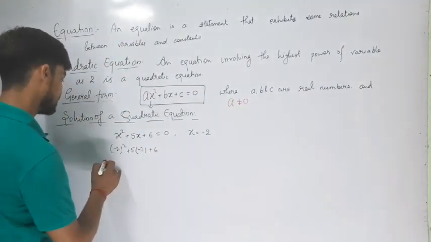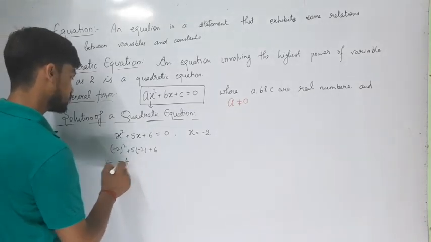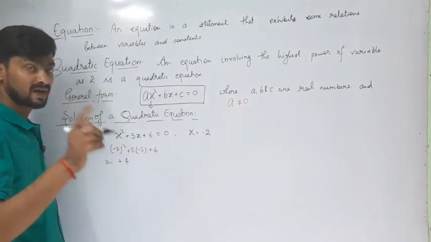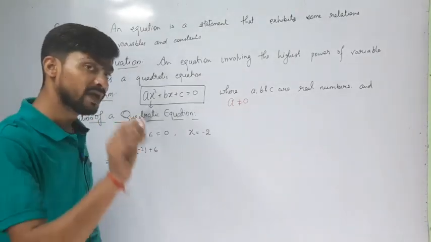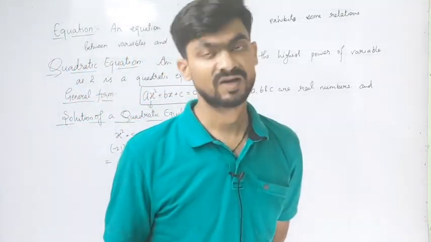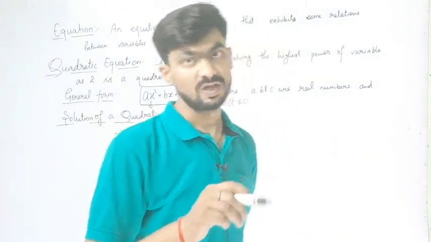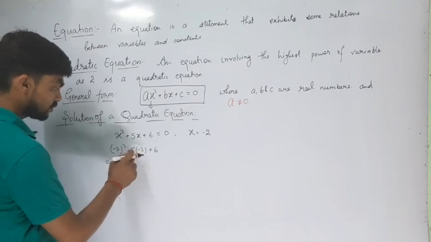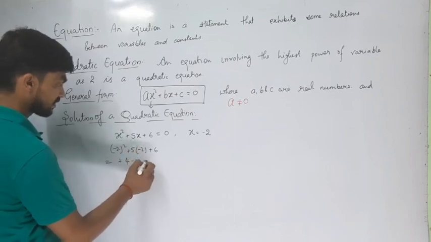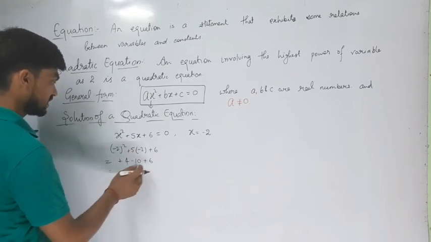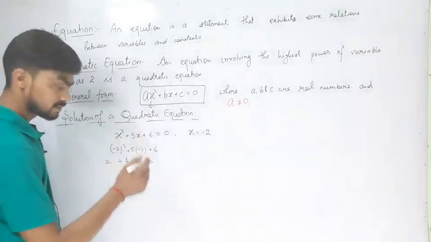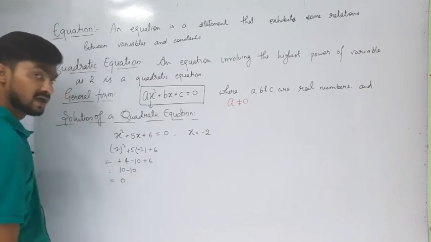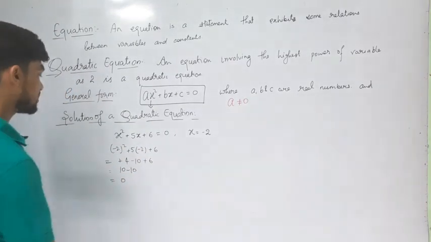So here you will see minus 2 square is minus 4. No, it's plus 4. Keep in mind, a negative sign when raised to an even power is positive, and if the power is odd, it will be negative. Here you see 5 2s are 10, but minus 10, plus 6 and 4 is 10 as per the BODMAS rule. 10 minus 10, that is 0. Is that equal to RHS?